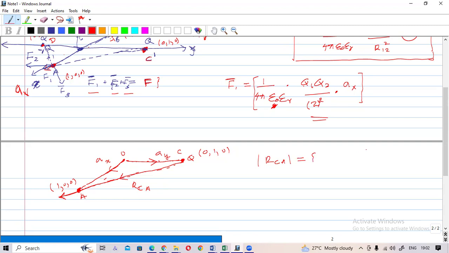Can you find the magnitude of RCA? That means this length. Can you find it?